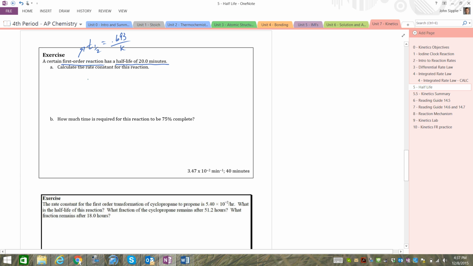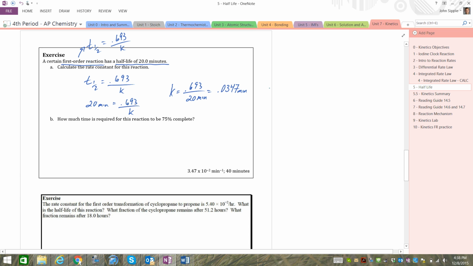T1/2 equals 0.693 over K, so 20 minutes is equal to 0.693 over K. We plug that in, and K will equal 0.693 divided by 20 minutes, so that's going to equal 0.0347 per minute. That's going to be our constant K.